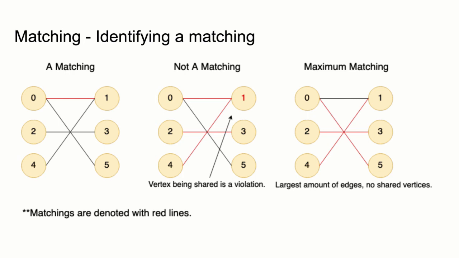As far as this graph goes, the most amount of edges that you could have in our matching are there. There are 3 edges, and you can see none of the edges are sharing a common vertex. They're all using vertices that do not have any other connections that are in our matching. You can see there's still a connection between 0 and 1, but it's not included in our matching. So therefore, it's not breaking any of the conditions of the maximum matching.